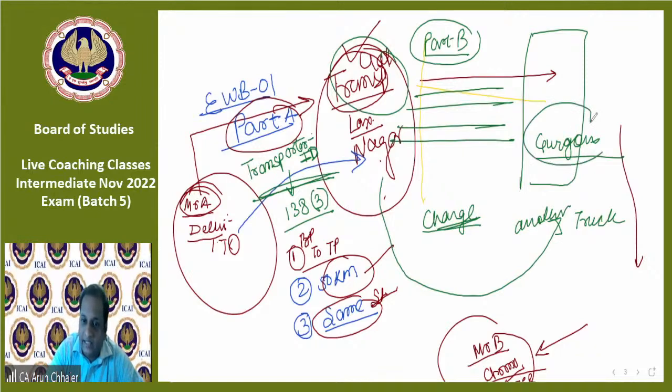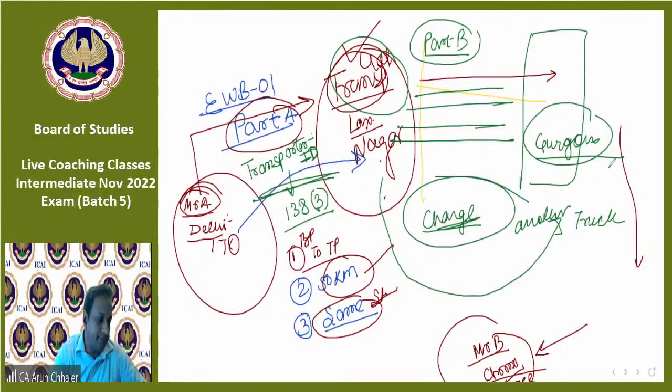So truck met with an accident, vehicle is being changed. Yes, update the part B, change the vehicle number. Now the goods are moved from business place to the transporter place.